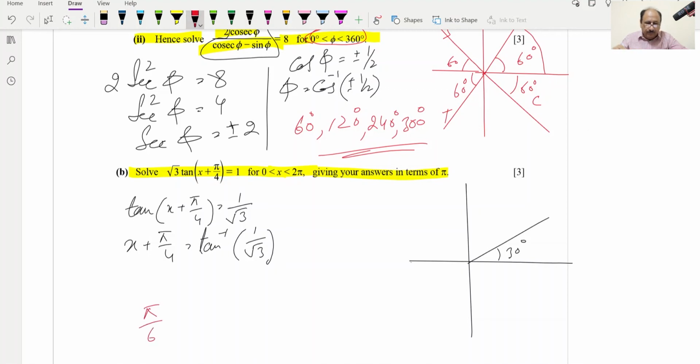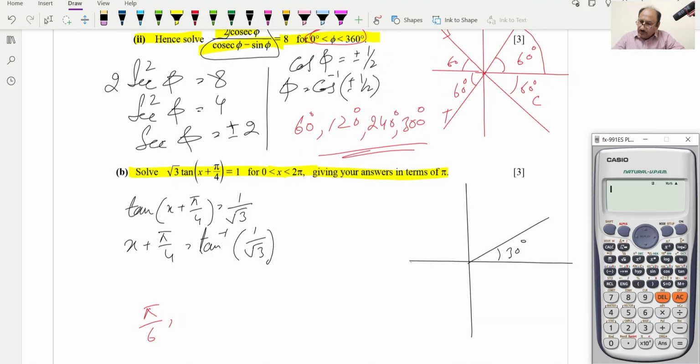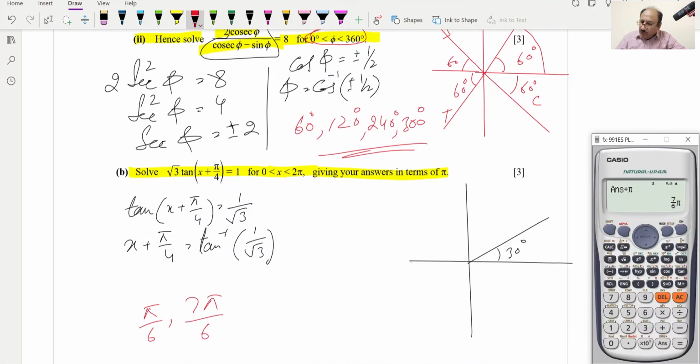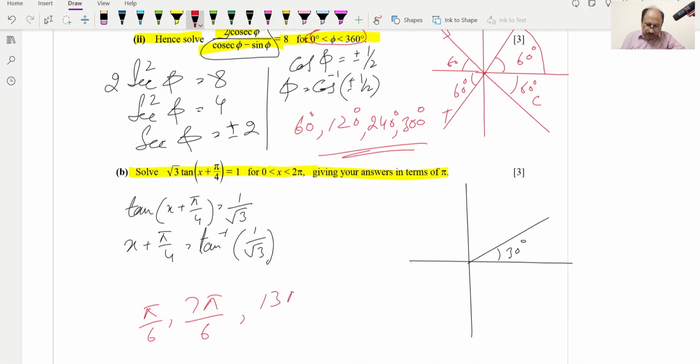After getting pi by 6, we add pi, so we will get 7 pi by 6. The next angle will be 7 pi by 6. One more time, plus pi will give us 13 pi over 6, and this is up to the range which is 0 to 2 pi.